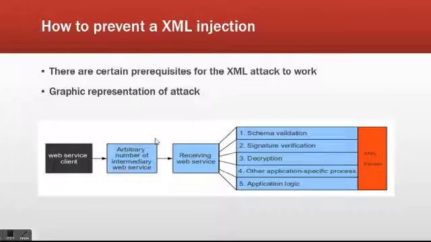Basically, you have your web service client, then your arbitrary number of intermediary web services that would then go to the receiving web service, and then a list of different things that the XML parser must go through. However, like I said, once that attack has been put in place, there's a number of different things that an attacker can get from there.